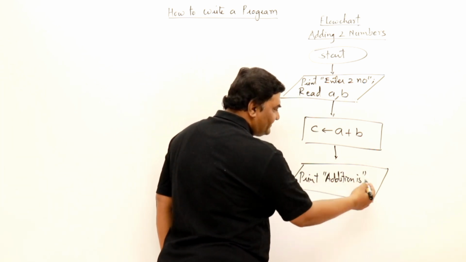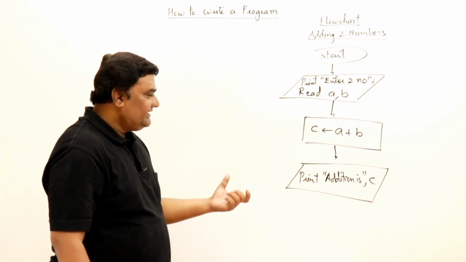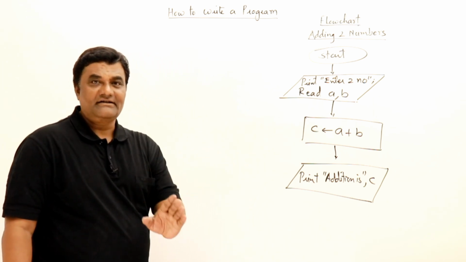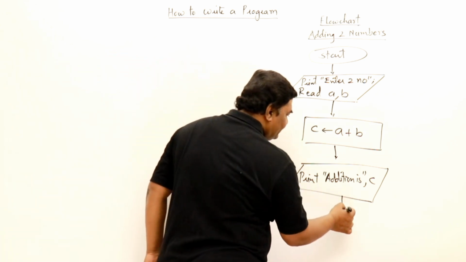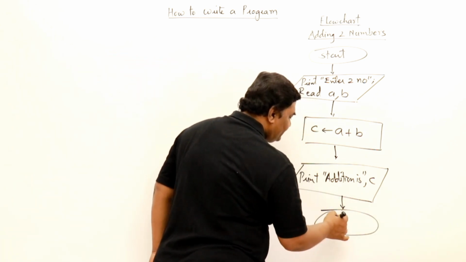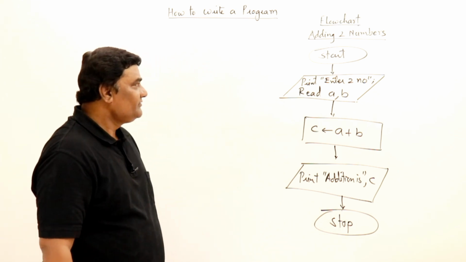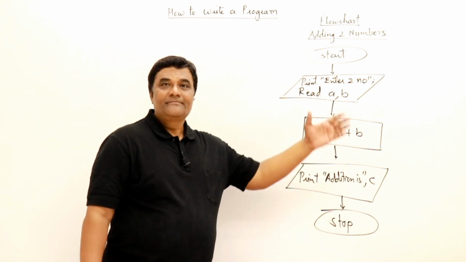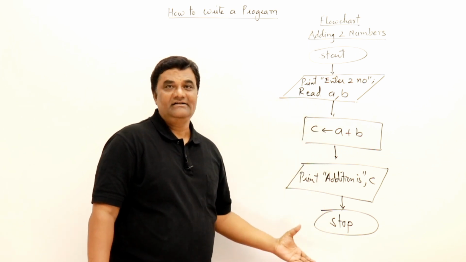This is in quotes because it's a message, then comma C. So it will be saying addition is, then the result, whatever the result is, that is there in C. Then next is the end of this procedure. So this is stop. For that, oval or ellipse is the shape we use. So start, take input, process, give output, and end.